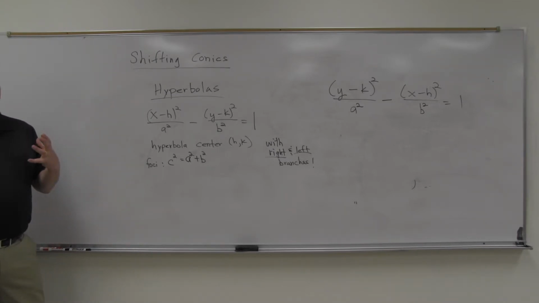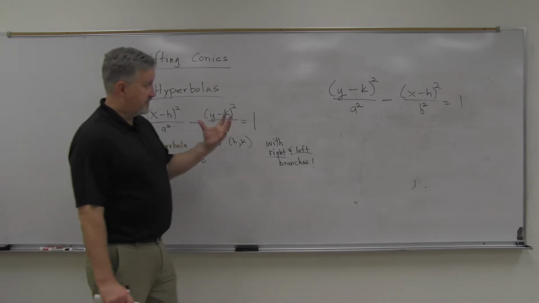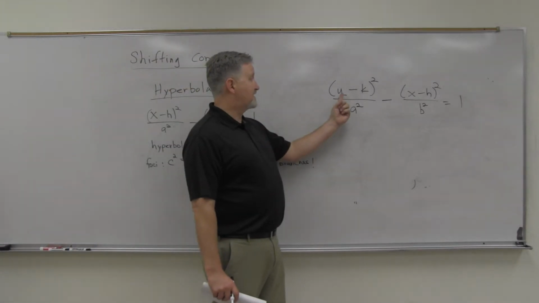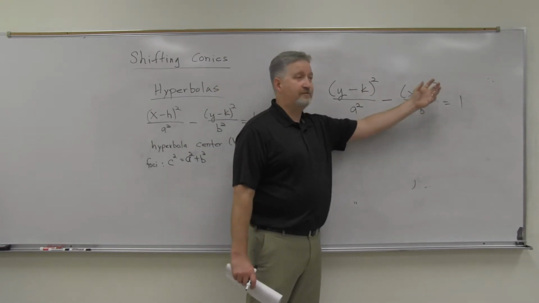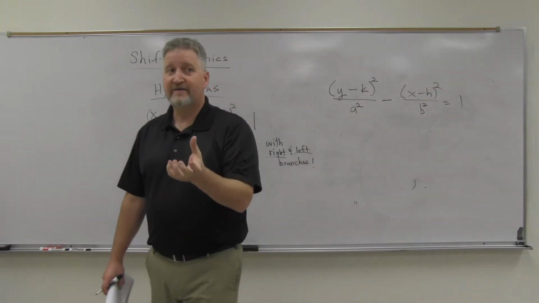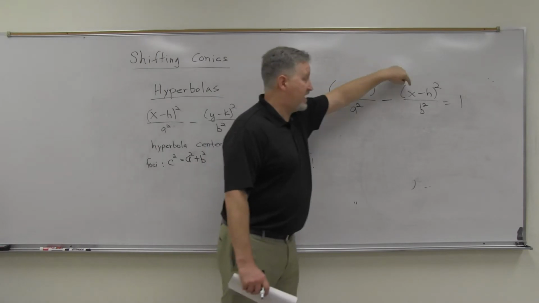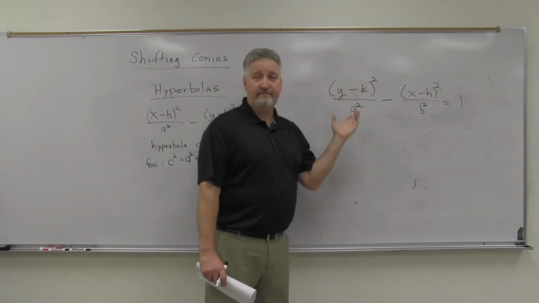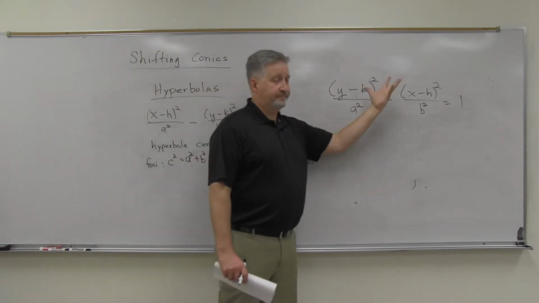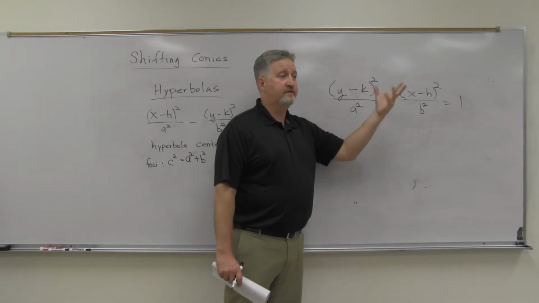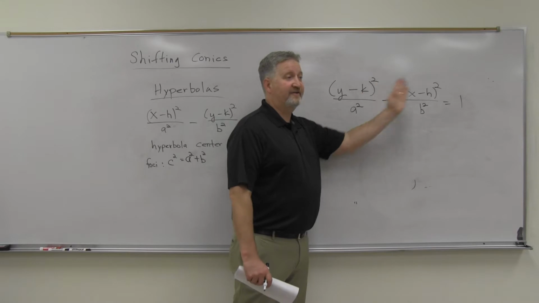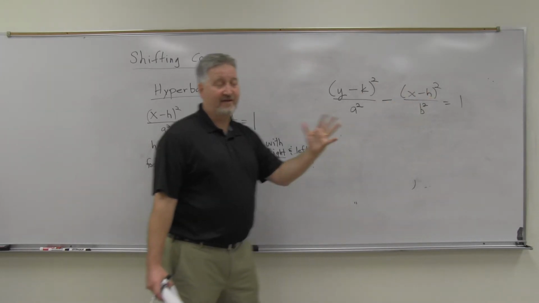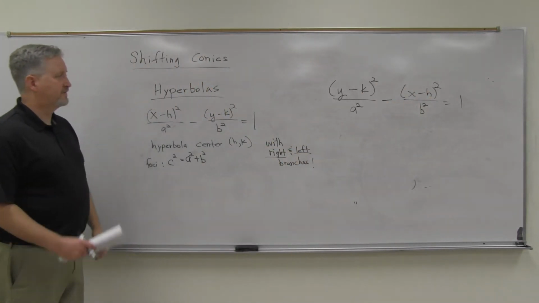But please be aware, notice I still put y minus k squared, x minus h squared, because the hk, you still have to get the h from the x and the k from the y, you know what I'm saying? And so on the equation, they're switched around as far as we do hk. Well, the k here, the h is here, all right? So that's the only thing you really have to pay attention to.